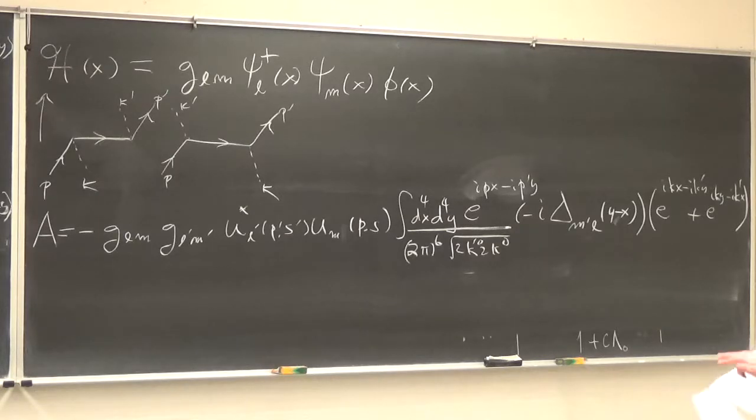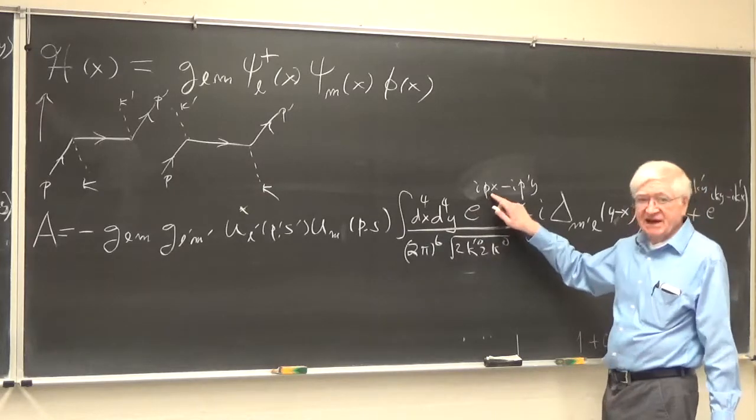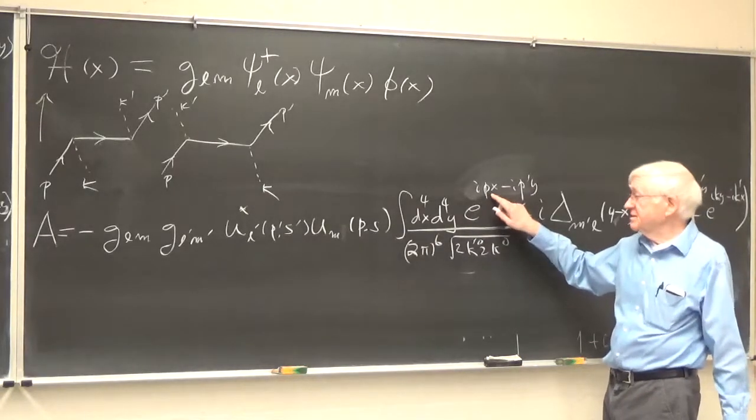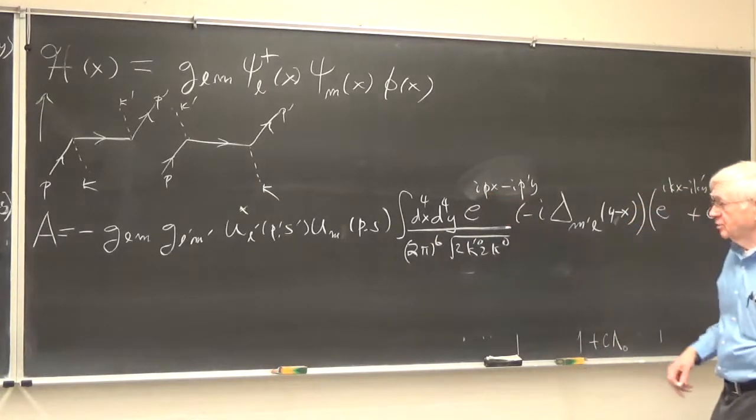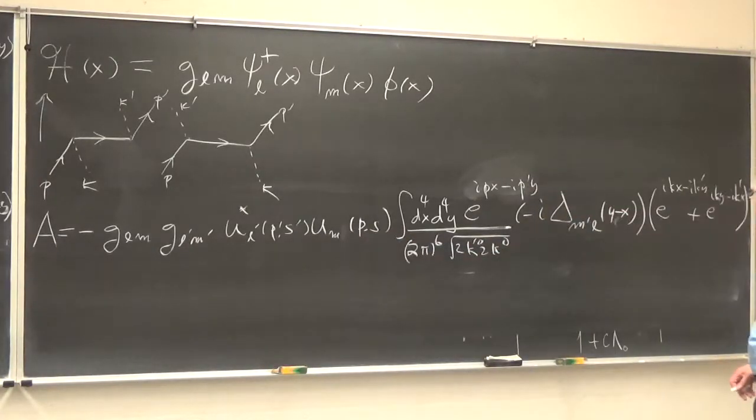Okay, now which term is which? This term tells you that at vertex x, the fermion, which carries momentum p, is absorbed. And this exponential has kx in it.